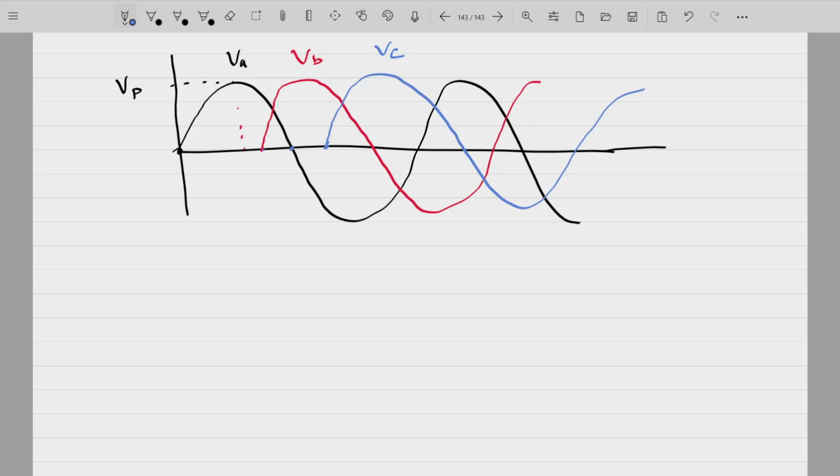In either case your system is still balanced, your system is still a three-phase system. But this is actually preferred to use. The convention is that you show VB and VC lagging behind the phase voltage VA.